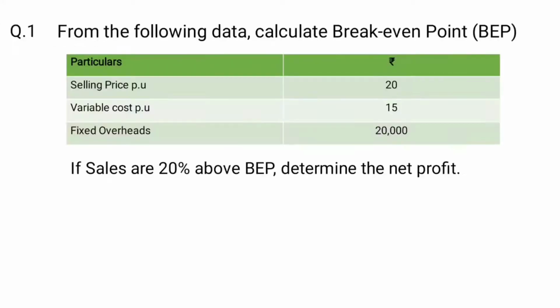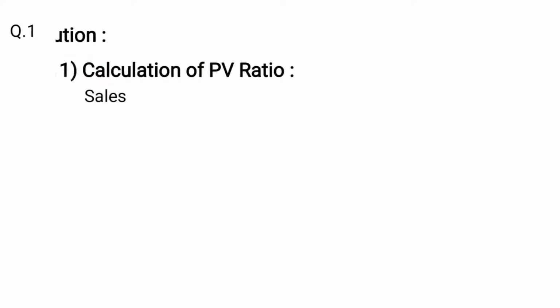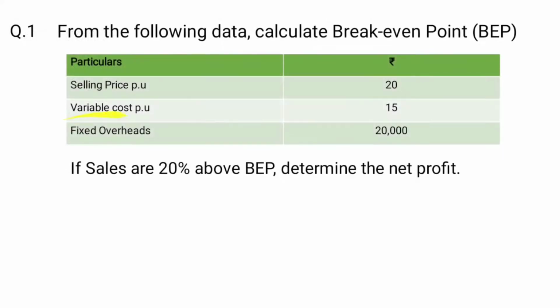So let us start with the solution. First, calculation of PV ratio. Selling price per unit is given as rupees 20. Sales is equal to rupees 20 per unit. Variable cost per unit is given as rupees 15.